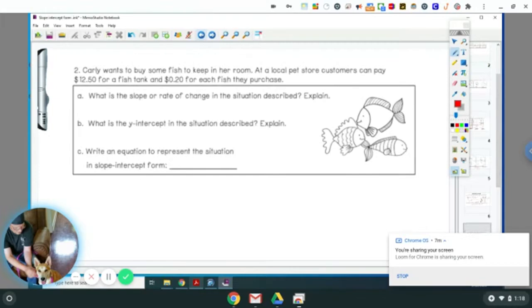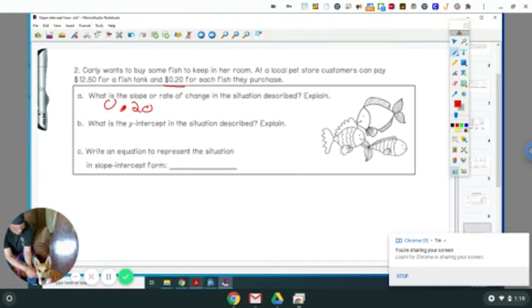Carly wants to buy a fish to keep in her room. At a local pet store, customers can pay $12.50 for a fish tank and then 20 cents for each fish they purchase. So the slope is the rate of change, or what you're multiplying every time by, which is 20 cents. So your slope will be 0.20. Your y-intercept is also where you start.